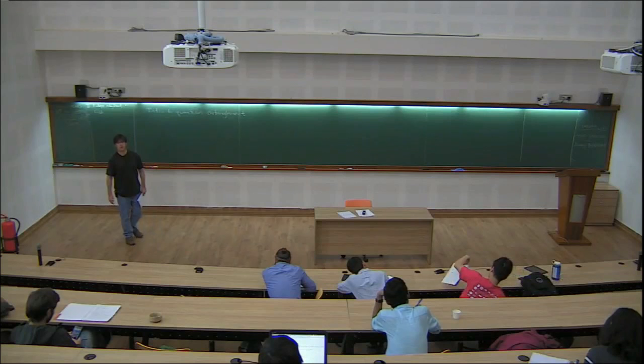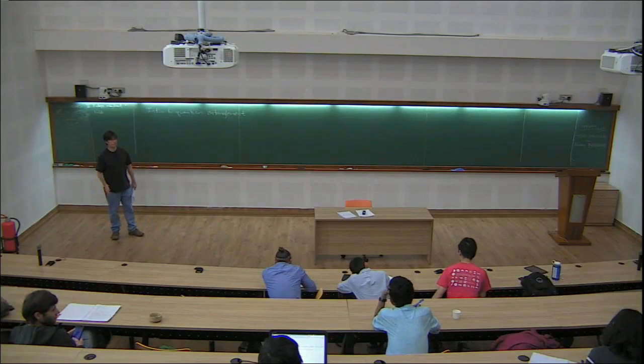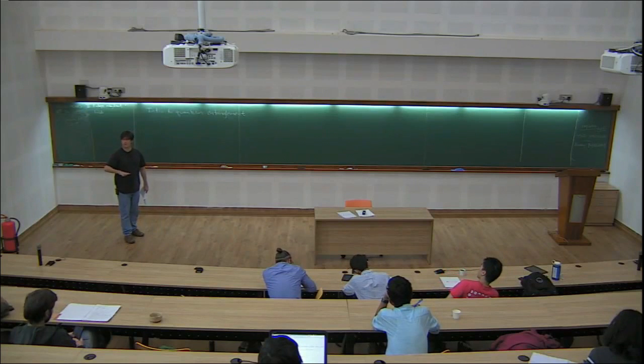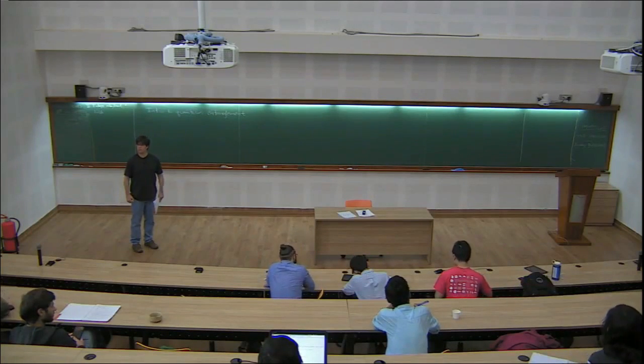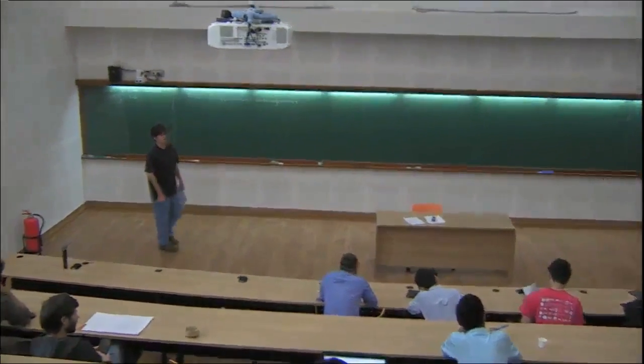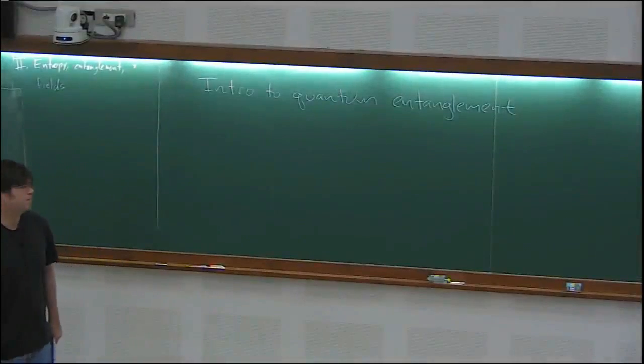And then I'll go back and work through a couple of examples of applications of quantum entanglement that sit at the base of quantum information theory, just to give some intuition for the subject. If I have time at the end, I'll talk a little bit about quantum thermalization, but not in any serious way.